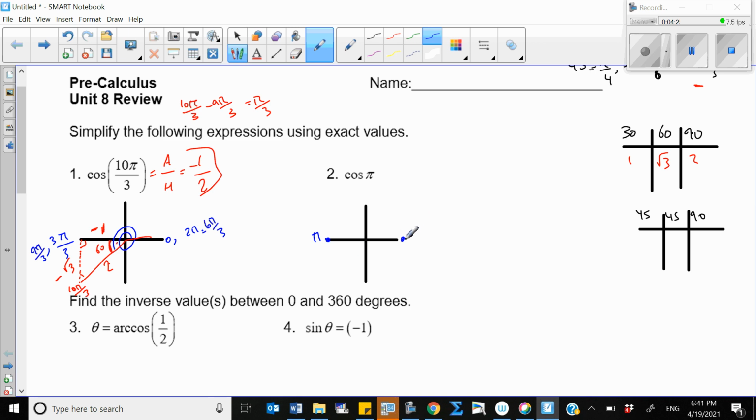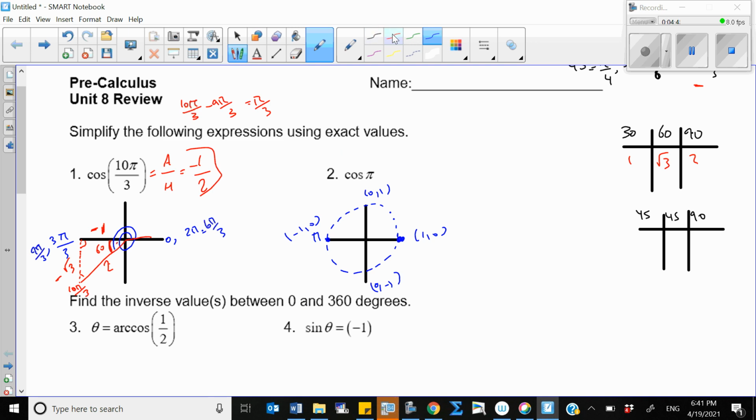We know the coordinates of the points on a unit circle are 1 and 0, 0 and 1, -1 and 0, 0 and -1.